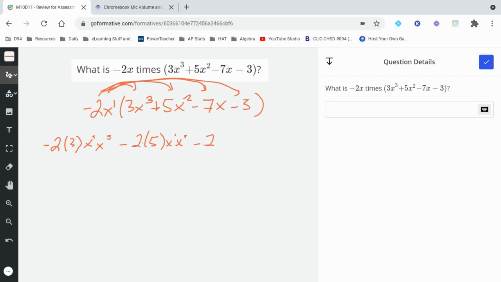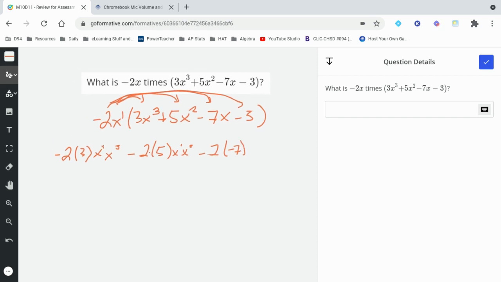And then minus 2 times negative 7 times x to the first, x to the first. There's another one up there. And then minus 2 times negative 3 times the x.